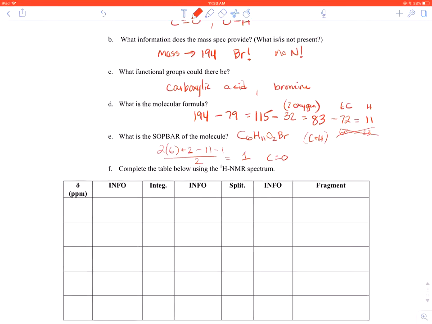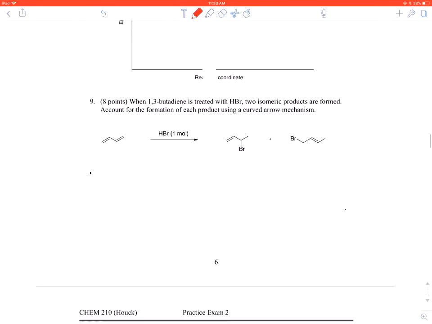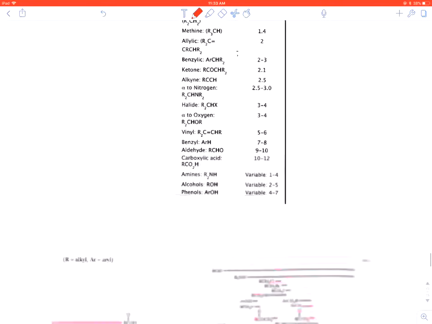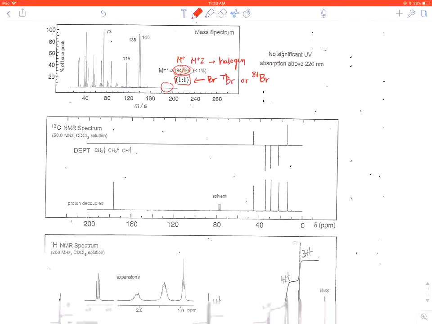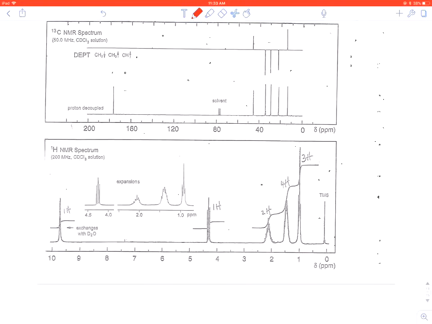All right, so then how do we put this together? Okay. Well, the spectrum is provided very nicely. So we have the COOH peak down here between 9 and 10. I'm not going to transfer this to the table. I'm just going to write it on top of the spectra here. So we have a CH here.